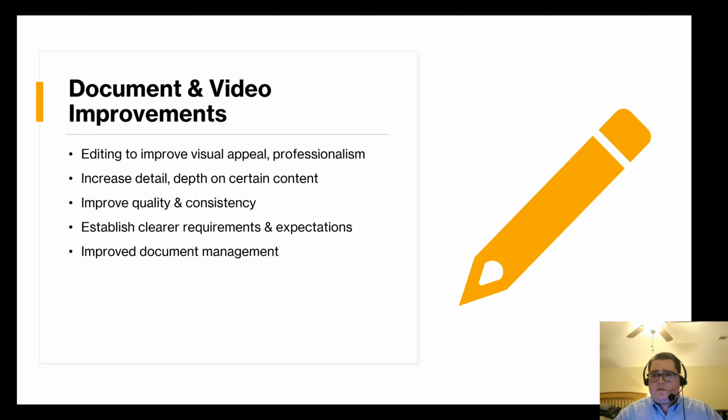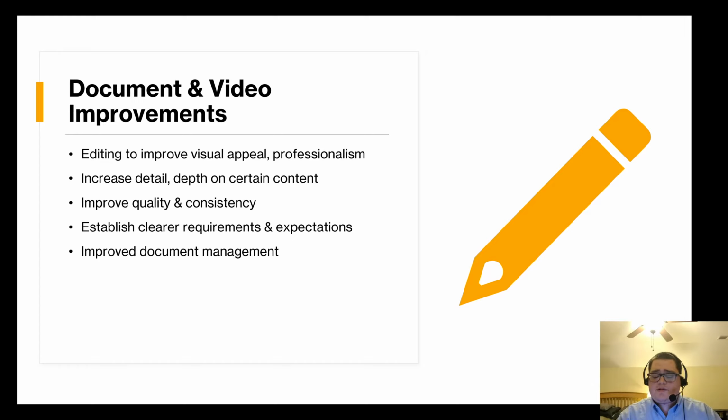And that ties into the third point of improving quality and consistency. So improving quality and consistency would overall make the project more cohesive. It would make the project more professional. It would make the project look better, sound better, be more educational and informational.